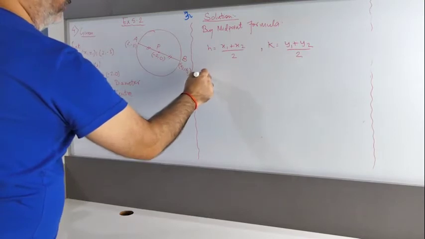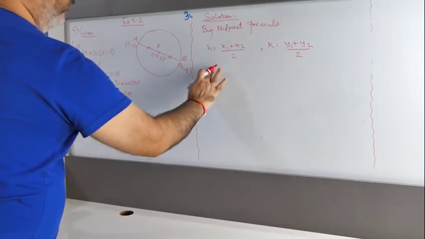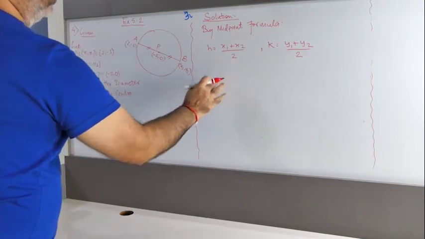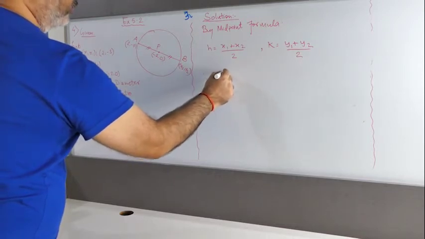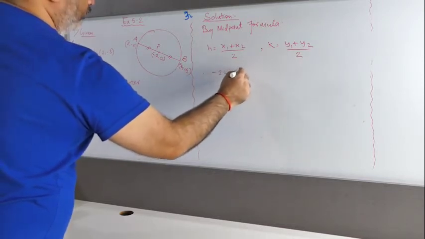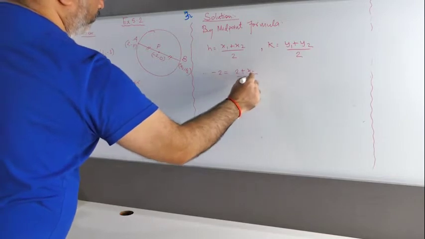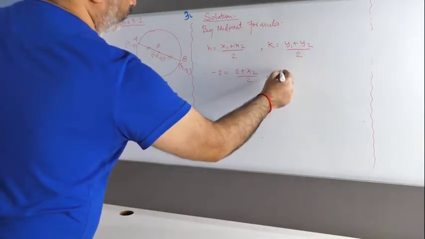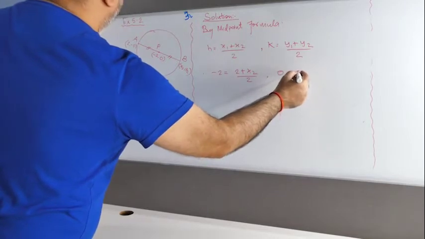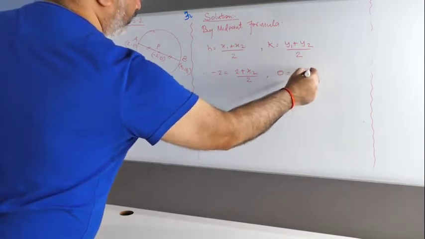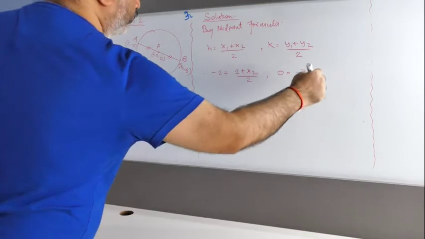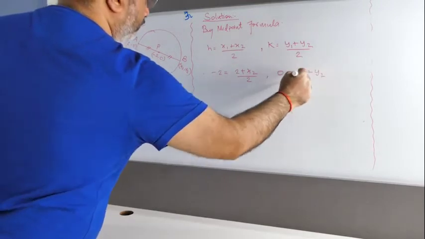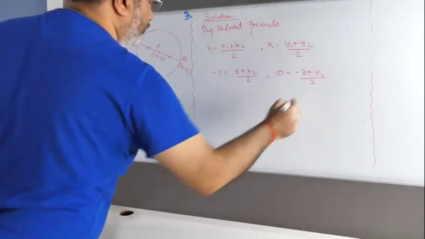So therefore, the value of minus 2 is equal to 2 plus x2 upon 2, and here the value of 0 is equal to y1, that is minus 3, plus y2, we don't know that, divided by 2.